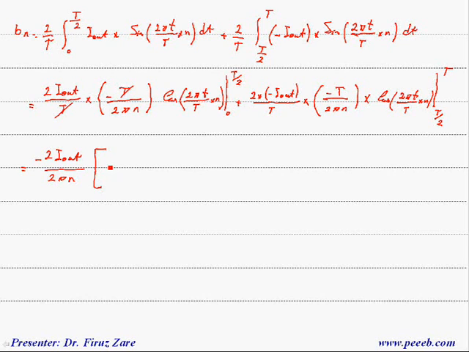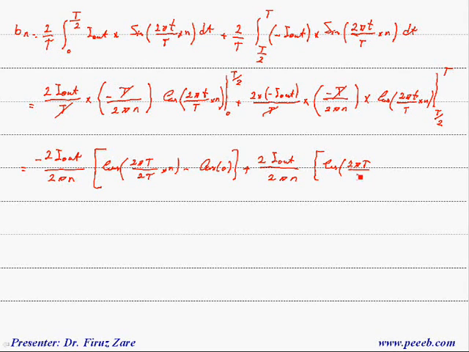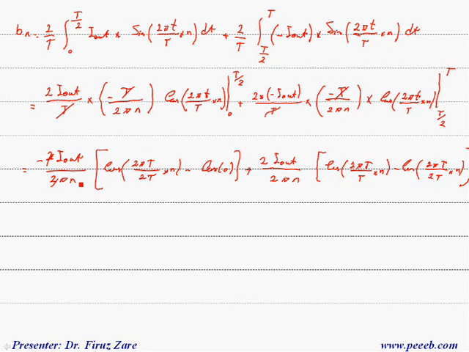So put the upper limit, that means cosine 2 pi T over 2T times n minus cosine 0, and the second term, minus times minus is plus, this T and this T we can cancel, it's 2 I out over 2 pi n, and the limits of integral cosine 2 pi T over T times n minus cosine 2 pi T over 2T times n. So now we can simplify this equation.